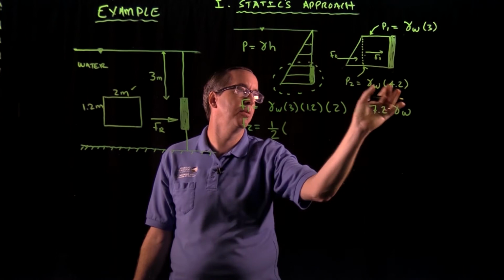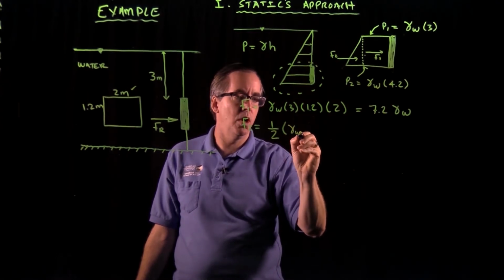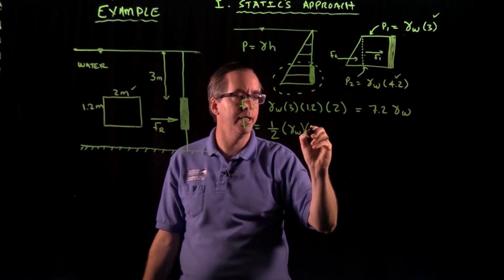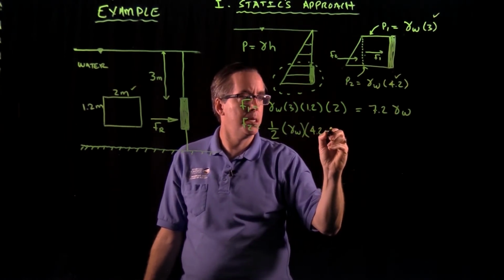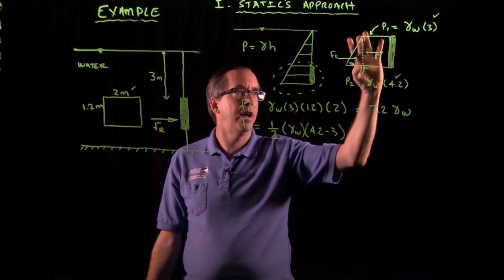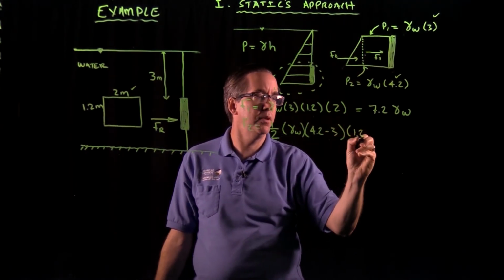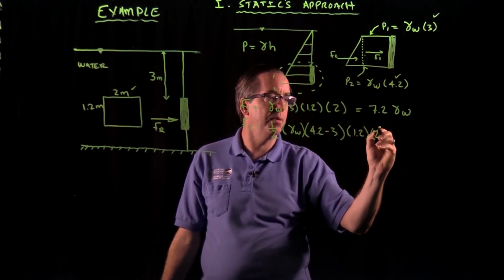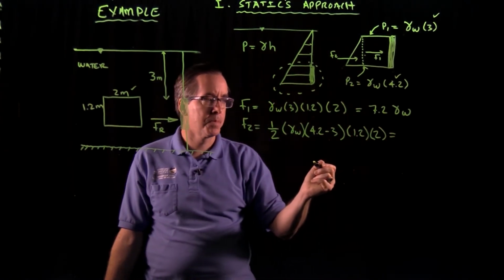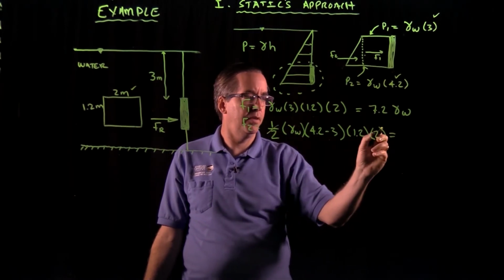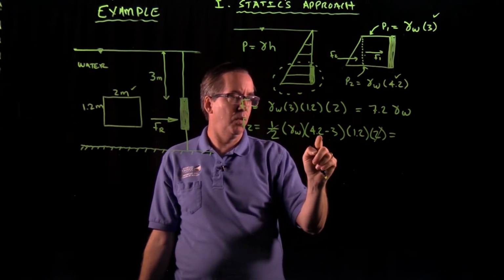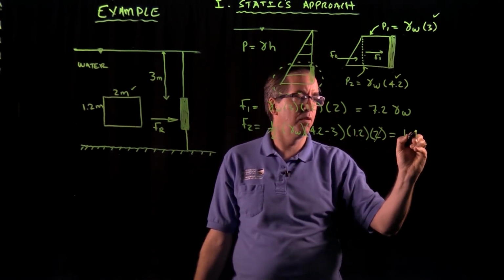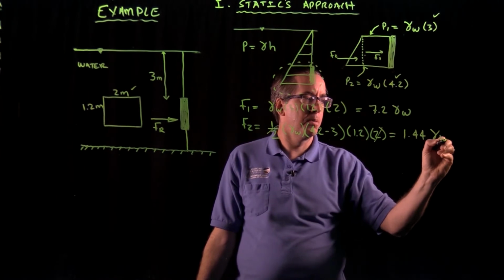This piece will be gamma water times the 4.2 minus the 3. The height of this, again, is going to be 1.2. And then going into the board, as we had earlier, we have 2 meters. So you've got the 1/2 here and the 2, so I've got basically 1.2 times 1.2 gamma water. That comes out to be 1.44 gamma water.